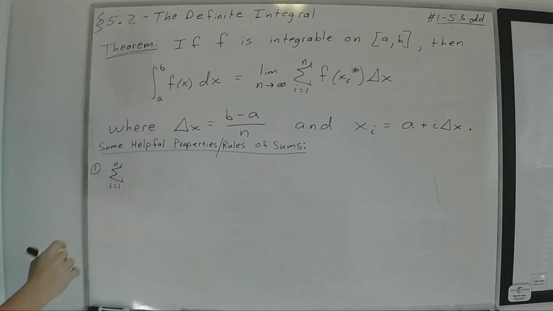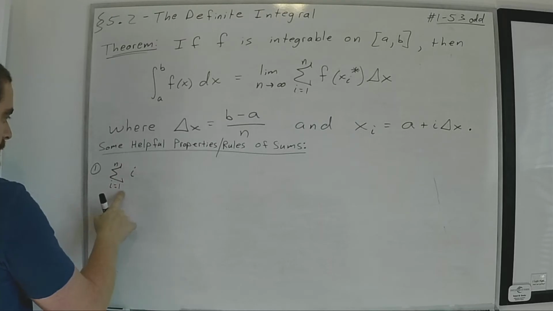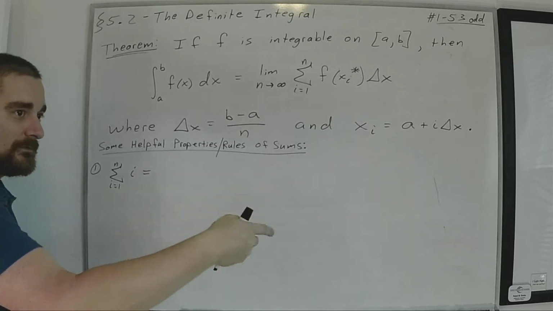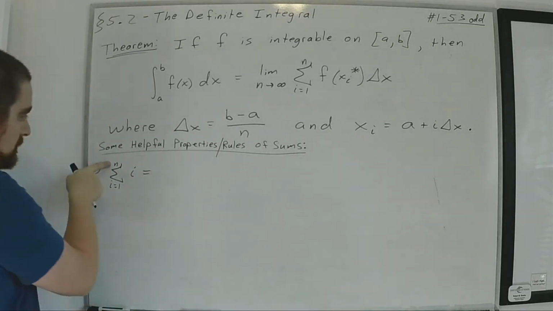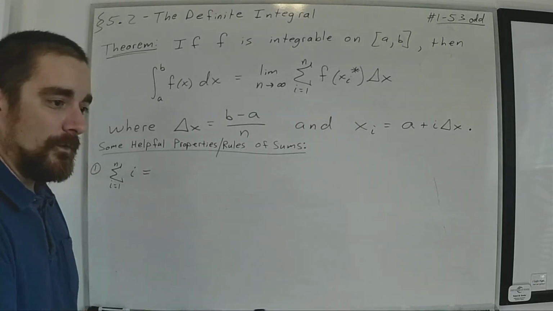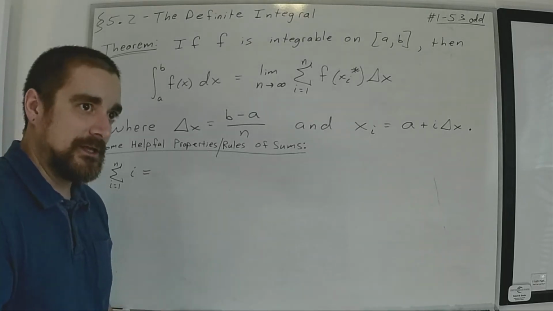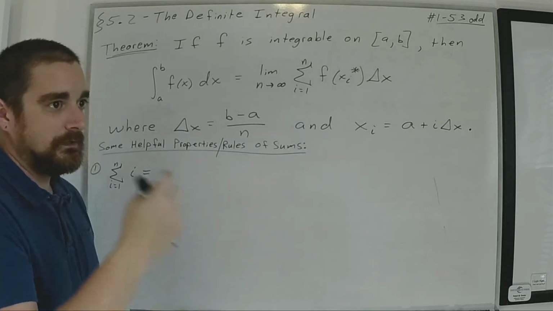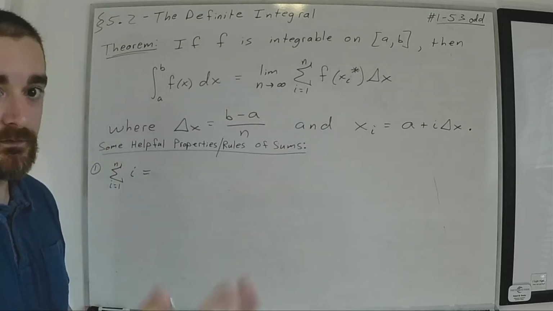So if we sum up i from 1 to n, that is counting up the numbers 1, 2, 3, 4, 5, 6, 7, all the way up until a very specific number. Say we want to add all the numbers from 1 to 100. Well, that would take a while. 1 plus 2 is 3, plus 3 is 6, plus 4 is 10, plus, right?